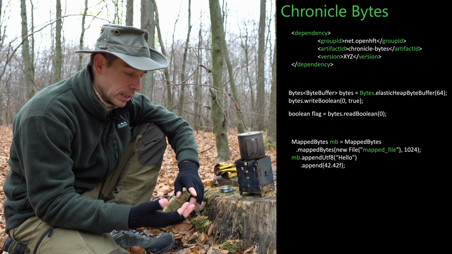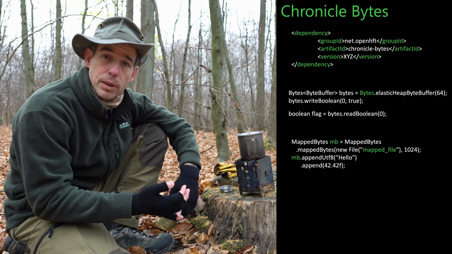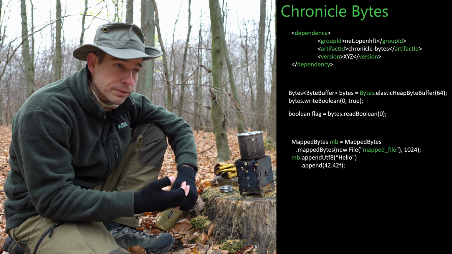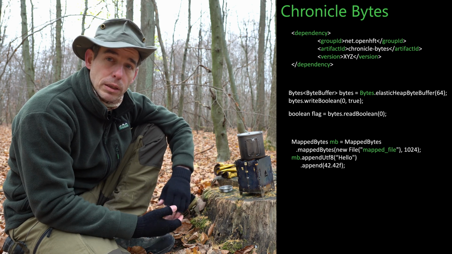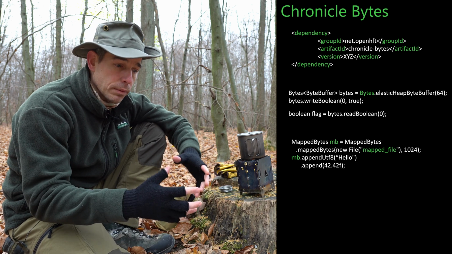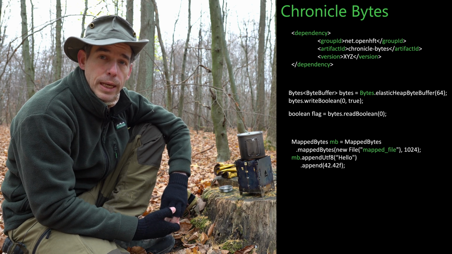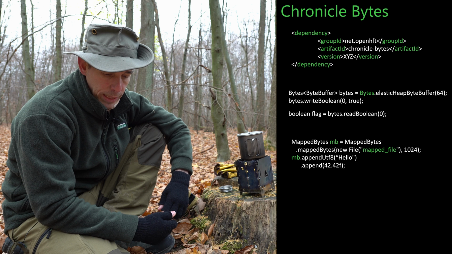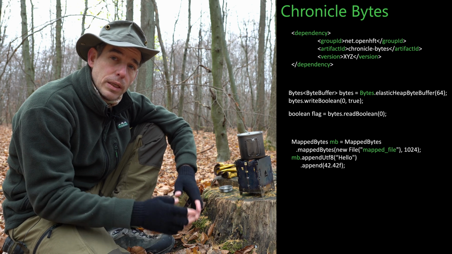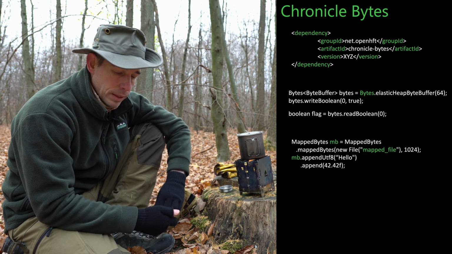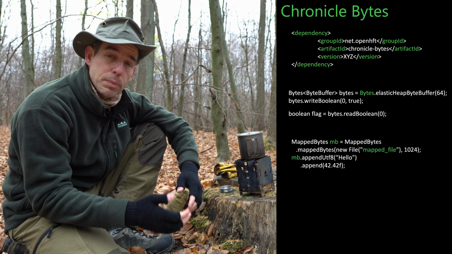One is, for example, the elastic heap byte buffer. Then you can say this amount of memory I want to have for this one. This is a pure memory one, and then you can do the same with the mapped bytes, the class MappedBytes, and then you have this factory method called mappedBytes.